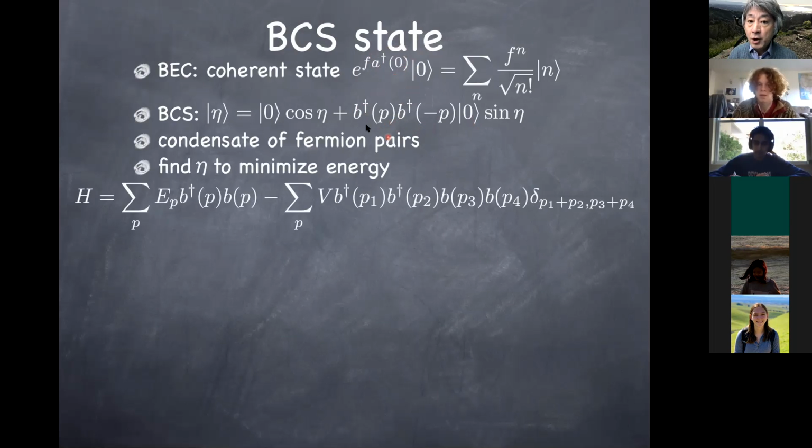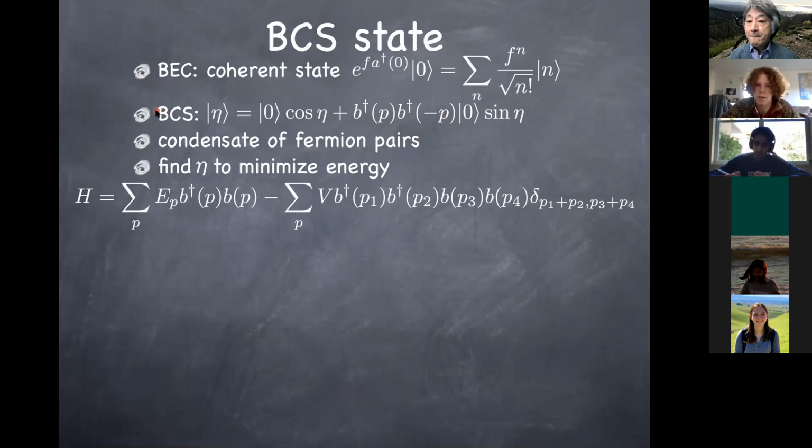If you have this boson with p and minus p together, let's say it has a condensate, I can't put more of these into the same p. So I instead use another b dagger with a different momentum and put that in there. Yet another b dagger with a different momentum, create a condensate in it. Then I can have a macroscopic number of pairs condensing without conflicting with the Fermi statistics. And that's how we can get a macroscopic condensate in the BCS state.